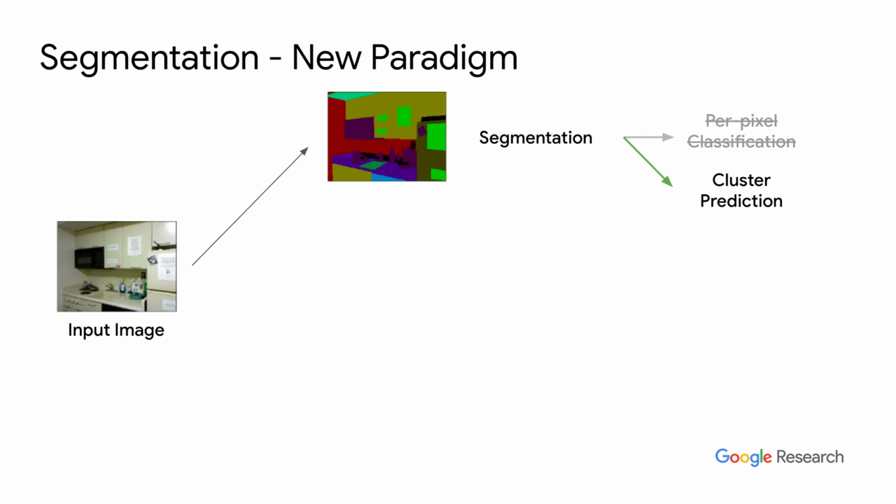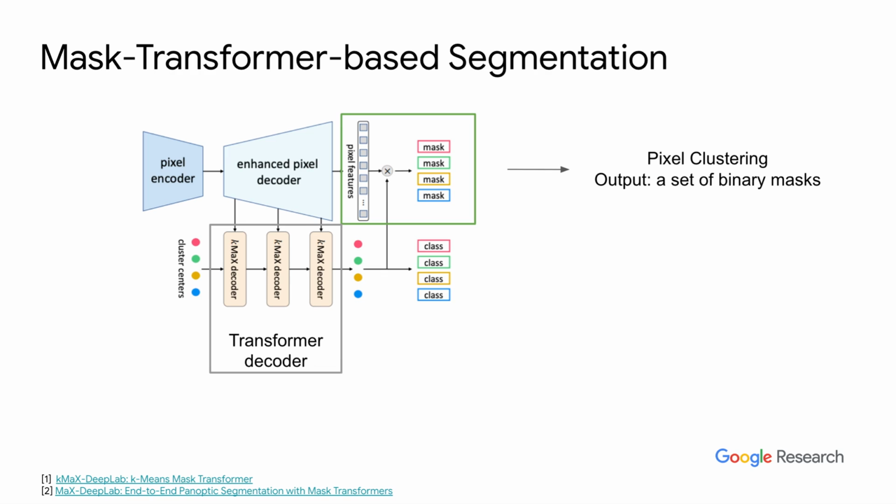Inspired by the object detection network DETR, MaX-DeepLab and MaskFormer proposed to classify each segmentation mask as a whole instead of pixel-wise. They build upon the mask transformer-based model. The key is that the transformer decoder generates cluster centers by iteratively updating a set of learnable embeddings.